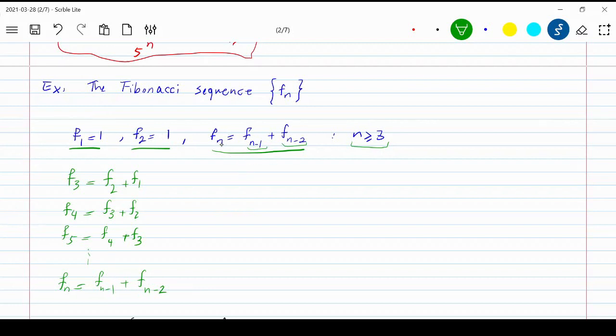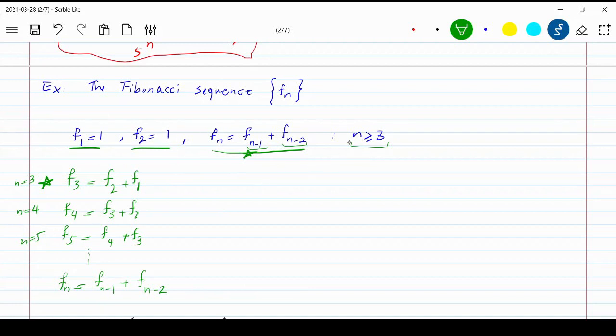So if you start with the third term and replace n with 3, what you get is exactly this. f of 3 would be f of 3 minus 1, which is 2, plus f of 3 minus 2, which is 1. So the subindices match up with this notation. This is for n equal to 3. For n equal to 4, we get this, n equal to 5, and so on.